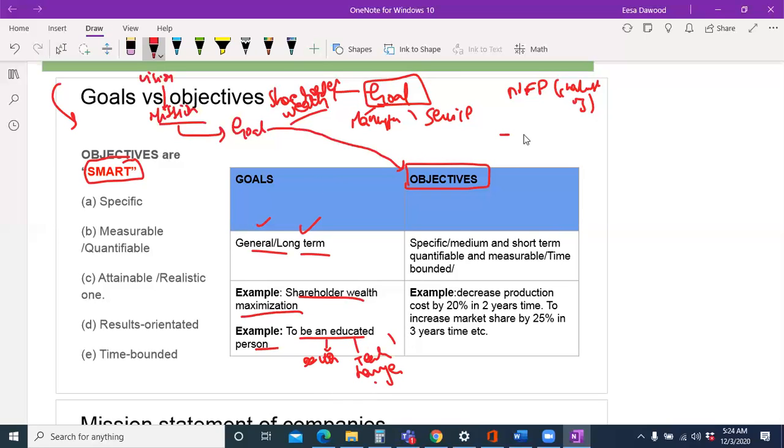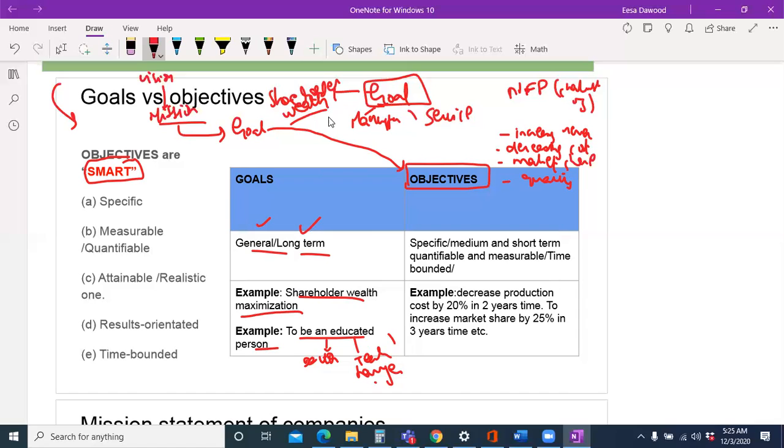There are multiple ways: by increasing revenues, by decreasing your cost, by increasing your market share, or by improving your quality. There are multiple ways to earn that minimum level of investment return for the shareholders.